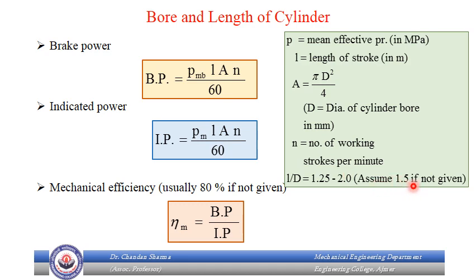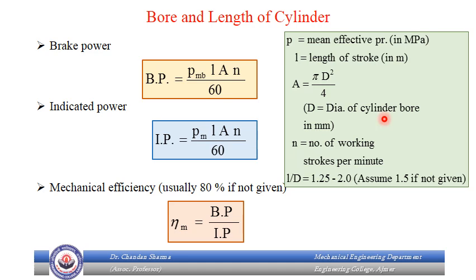So in a way, we have replaced L in terms of D. So there is only one unknown left, and that is D, diameter of cylinder bore. For the given value of PM, eta M, and BP, or vice versa, if PMB is given to us and IP is given to us, we can use this formula. So in any case, we'll be ready with the value of cylinder bore.